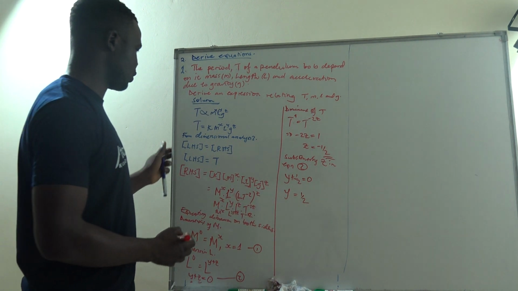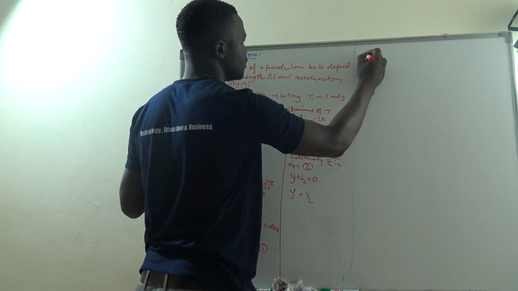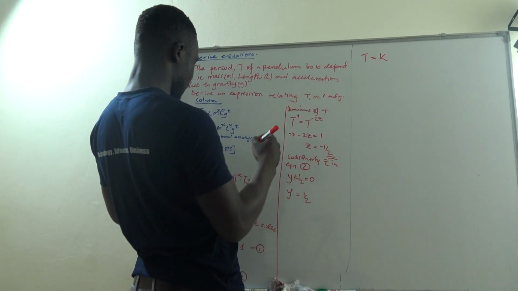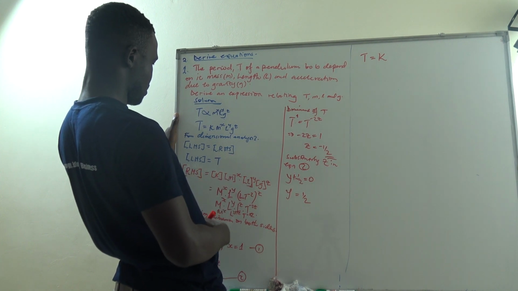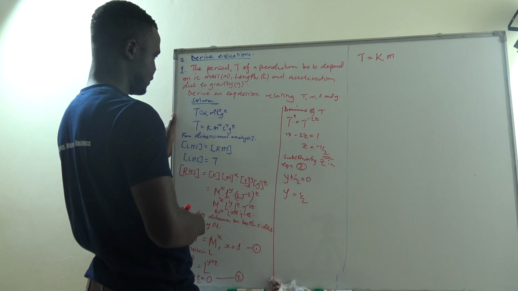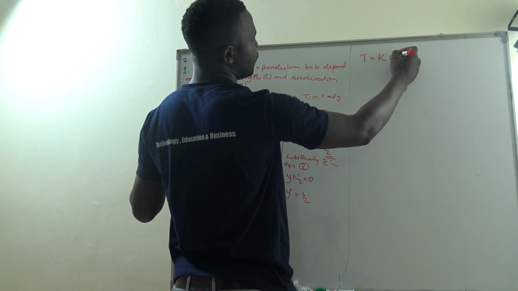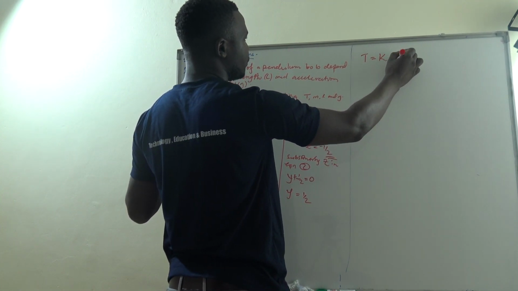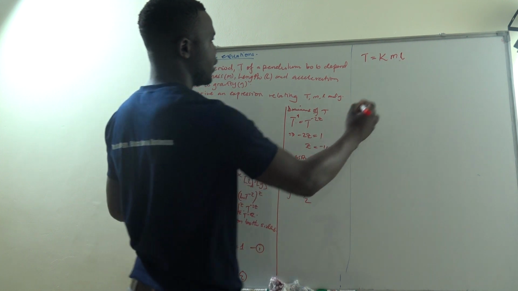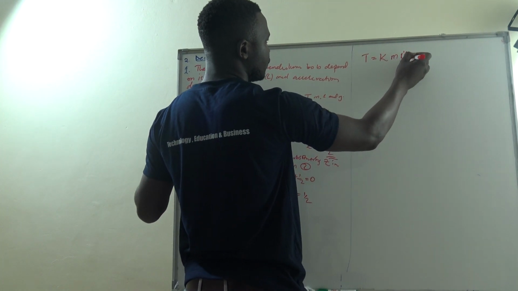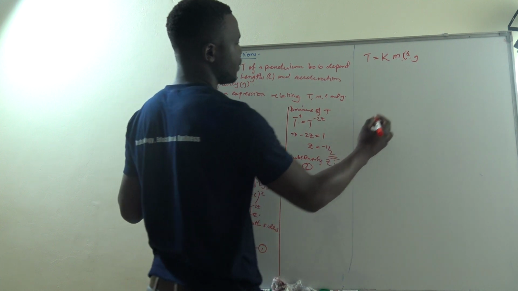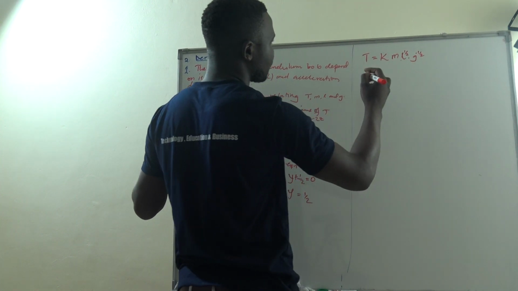So going back to our expression, this means that T, the period, is equal to k times m power 1, which is m, then l power y, where y is a half, times g power z, where z is negative a half.